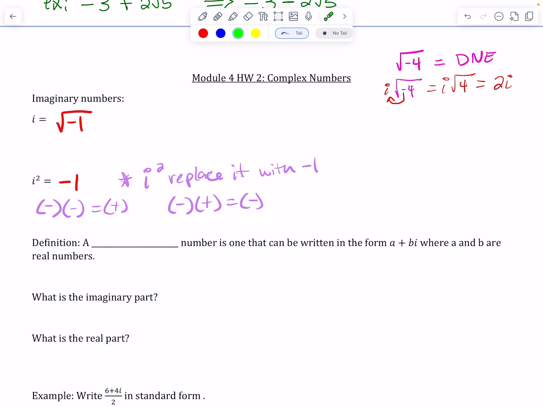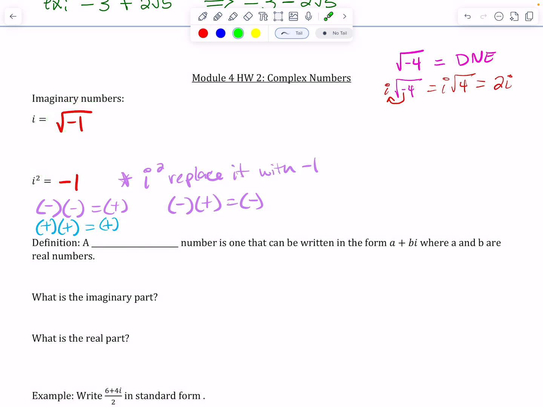And anytime we multiply two negatives, we get a positive. So when we square this, if it's negative, we're going to get a positive. And when we square a positive, it should be a positive, but that's why this imaginary number is introduced. So then we can get an answer when we have a radical with a negative 1.